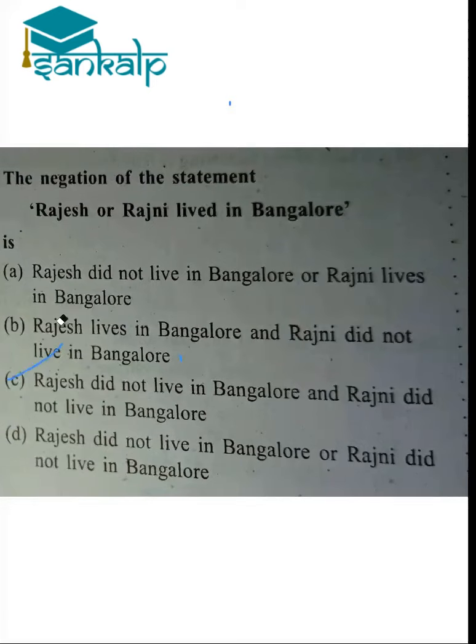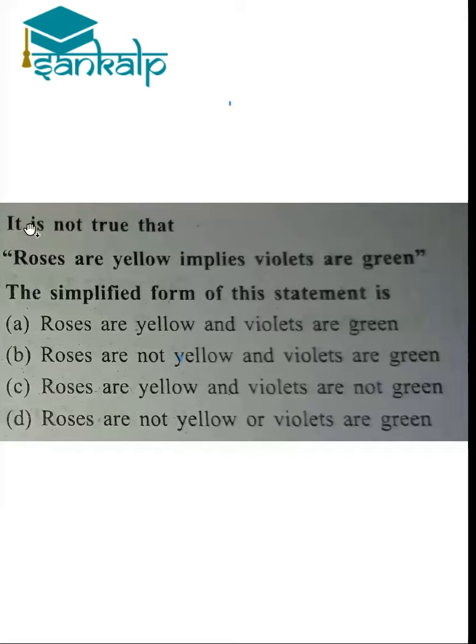Okay, next question. It is not true that roses are yellow implies violets are green.